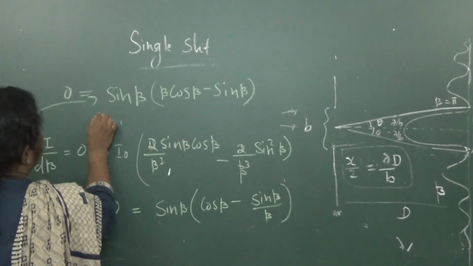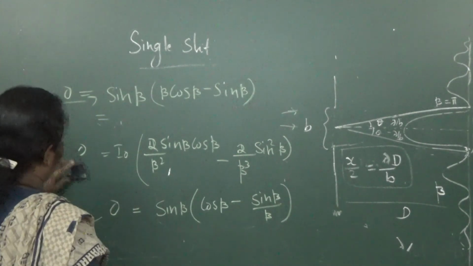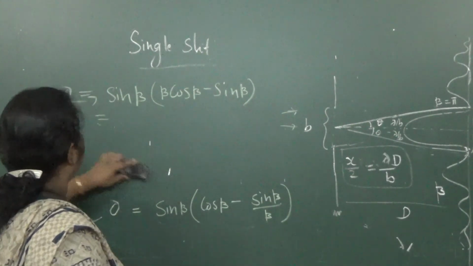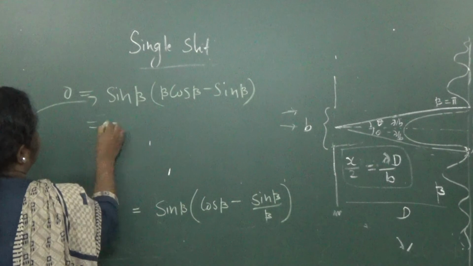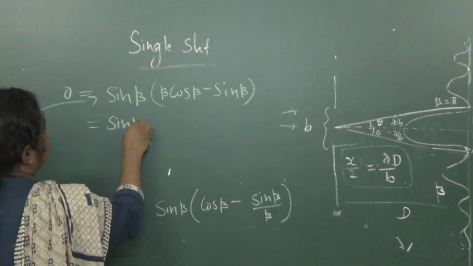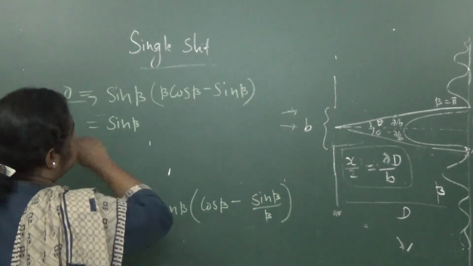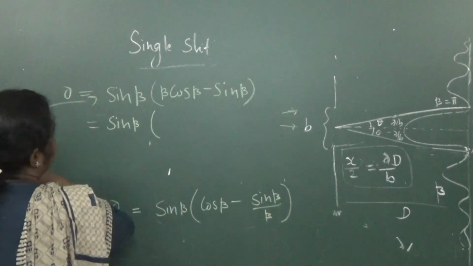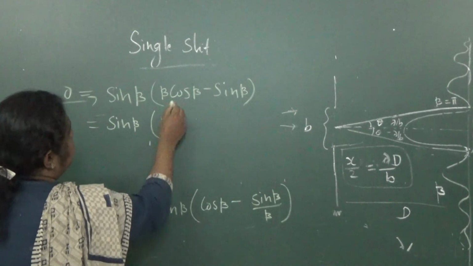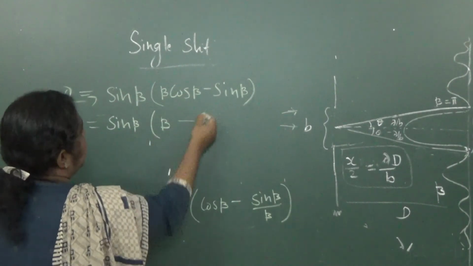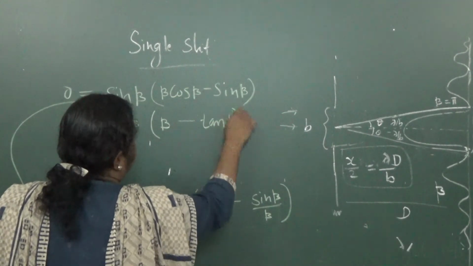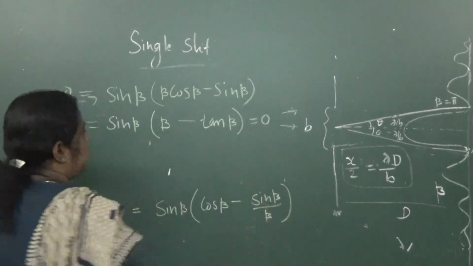Then it is equal to sin beta. Now I am taking cos beta on this side, then that will go to 0. Then beta minus sin by cos, that is tan beta, is equal to 0. Alright.